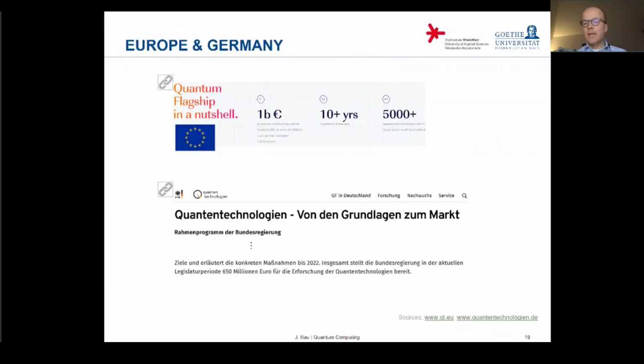In Germany in particular, there's also a national program on quantum technologies. It's also quite a major investment. I think it says it's 650 million euros over a period of 4 years. And here too, there's a dedicated website.